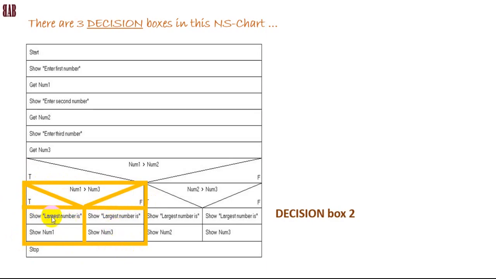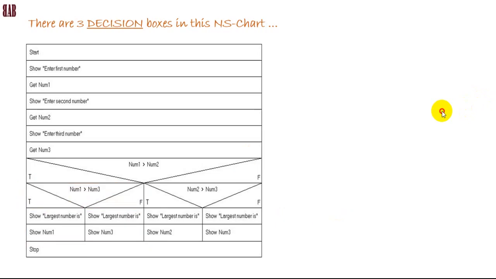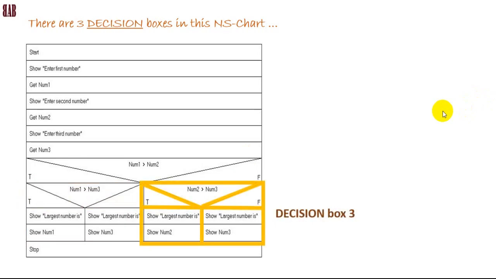This can have even further decisions if your requirement is such, but in this case, we don't want that. So this is the second decision box, and our third one is this one. Altogether we have three decision boxes in this NS chart. I just want to show you that.